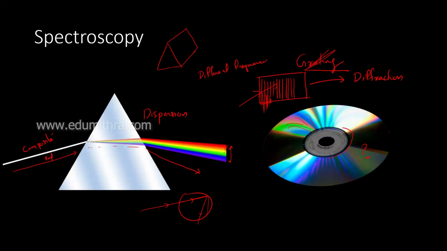It consists of so many tracks, something like grooves. They are so tiny we cannot see them normally, something like tracks at the molecular level. Those tracks act like a grating, and diffraction happens, so that the light splits into its constituent colors.